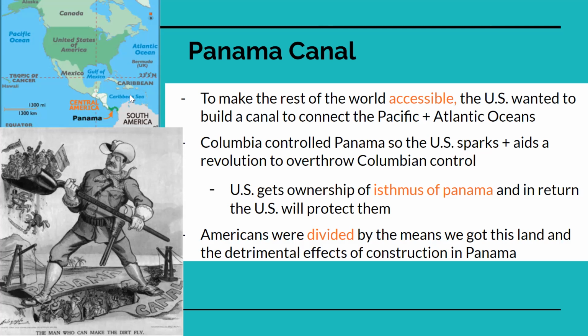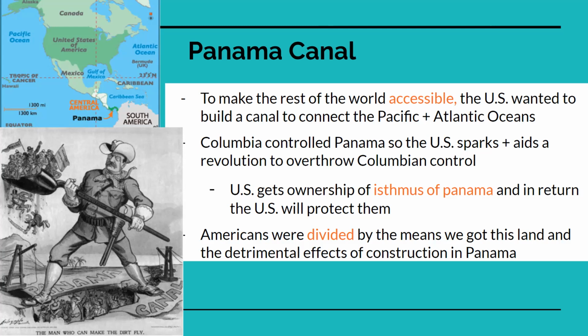However, the means by which we go about securing it are very controversial. We take an old page out of our book and we go to Panama and ask the Panamanians if they want independence, because we know they do. They've been rebelling against Colombia forever, in a similar situation to what we did with the Philippines and Cuba.